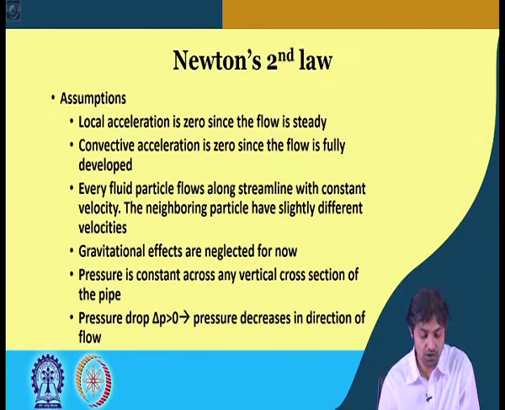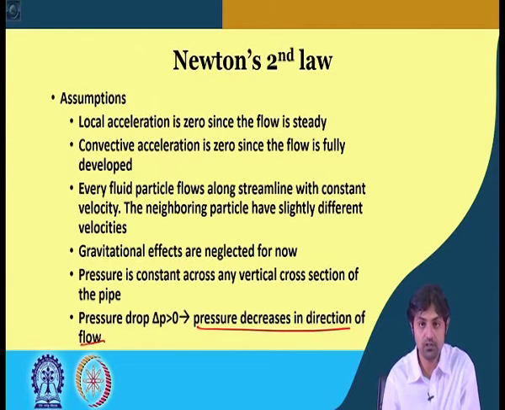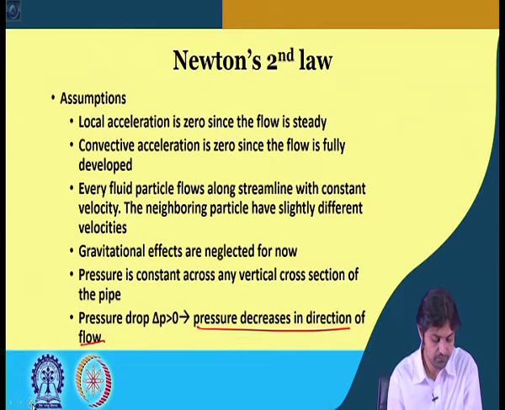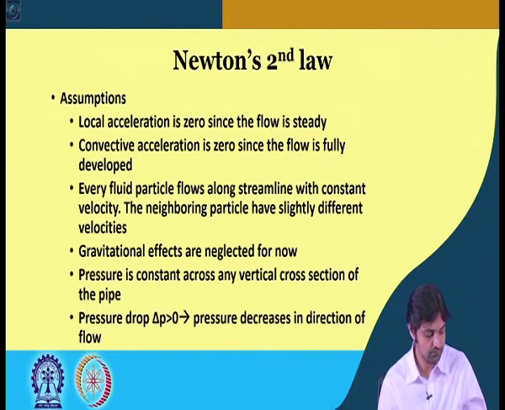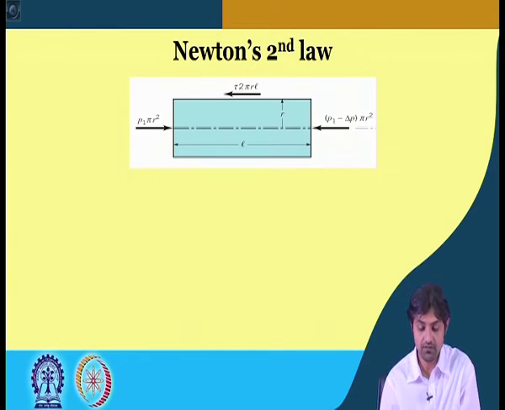Now, the pressure drop delta P is greater than 0, which means pressure decreases in the direction of flow, and that is very true. The water will move from the region of high pressure to the region of low pressure. All right. So, this is the figure for that element that we have drawn.